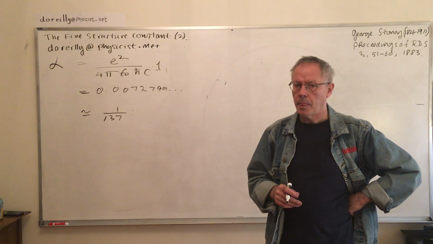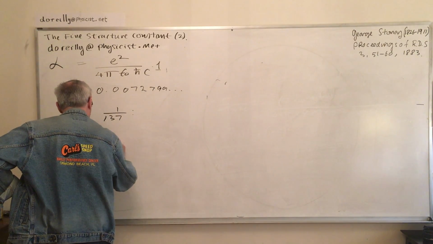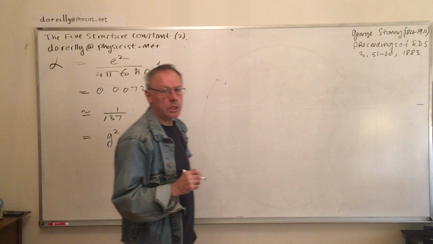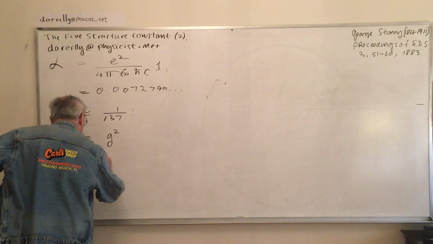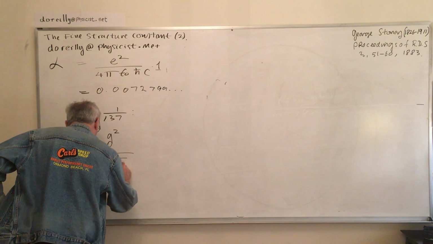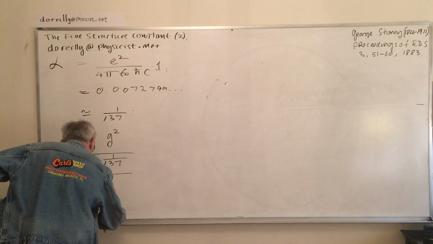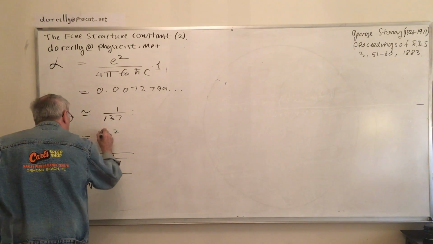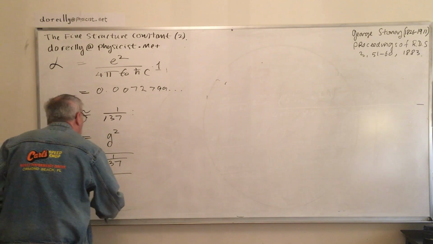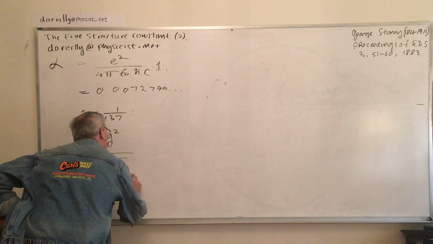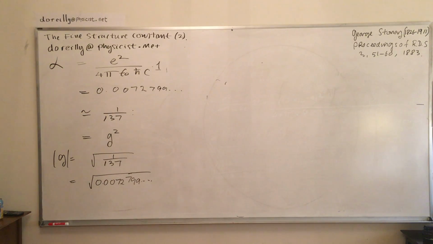Now, what can I say about this? Oh yes. We're going to say that this is equal to g squared. So g is the square root of 0.00727999.